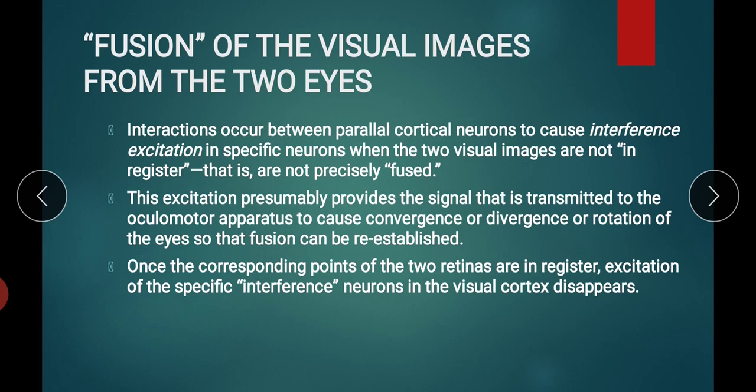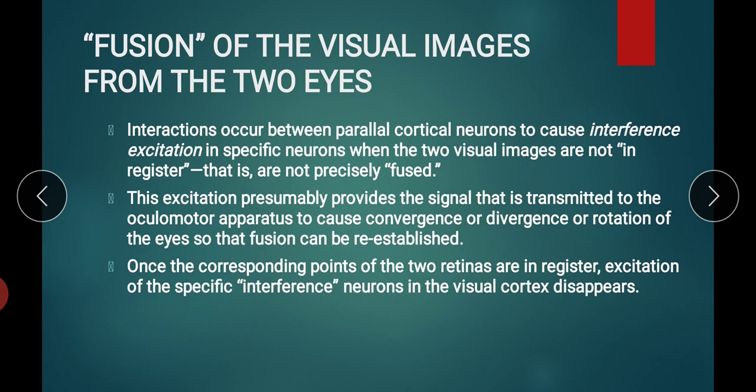At that time, the signals coming to the visual cortex cause interference excitation of specific neurons, which tells these neurons that the images are not in register, meaning they are not on corresponding points. There must be some movement of the eyeball so that the two images come onto corresponding points. Ultimately, these signals inform the visual cortex, particularly these interference neurons.